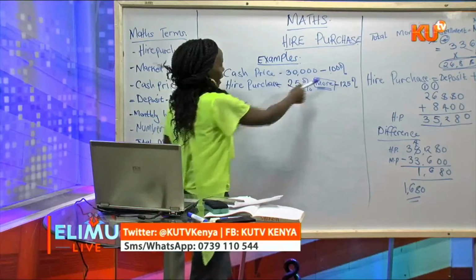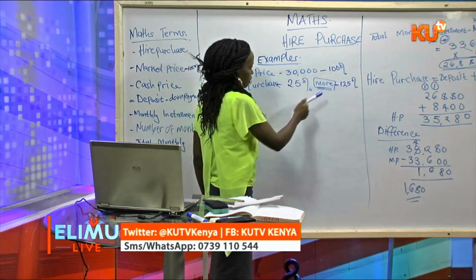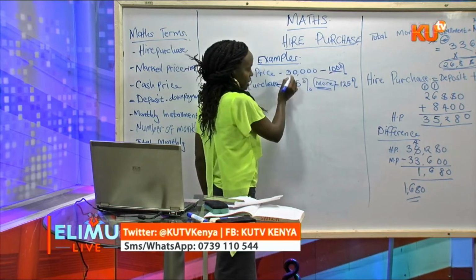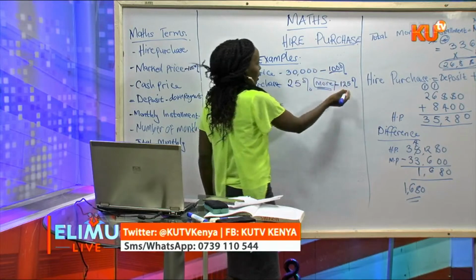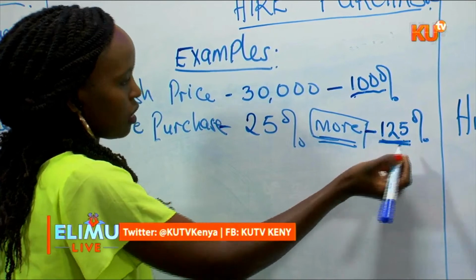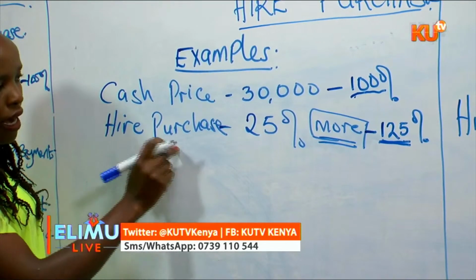So if the cash price is 100%, the hire purchase is 125%. So we know the value of our 100%. It is 30,000. Now we are looking for the value of 125%. So that now we can get the amount that this person paid on hire purchase.